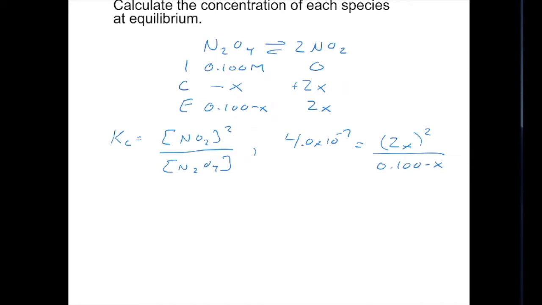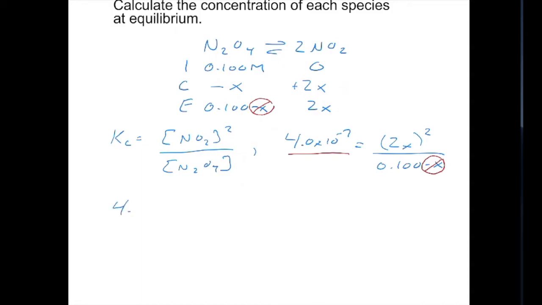Now we have the same situation as in the last example. We have a very small equilibrium constant, in fact even smaller than the previous example. So if we could assume this x was negligible then, we can assume it's negligible now. So we'll just ignore that x there, and continue on multiplying everything out.